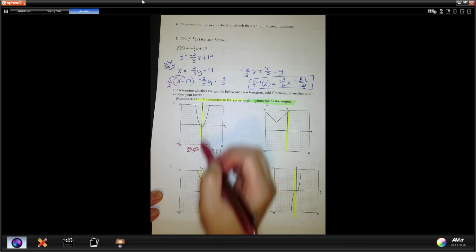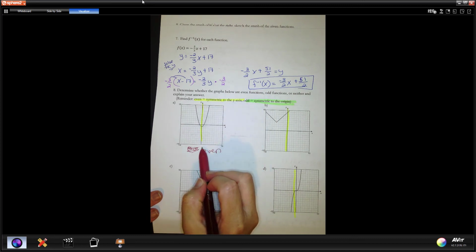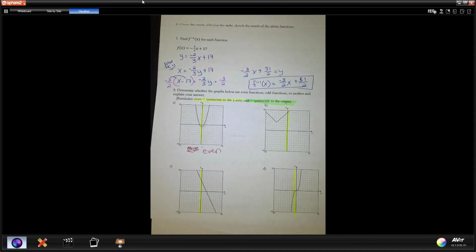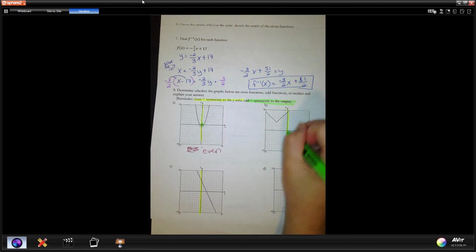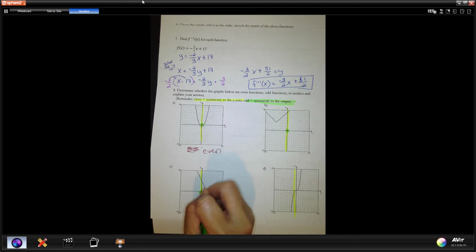Because if I folded it up straight along that bright yellow line, both halves happen to match up and we're good to go. Looking at all of these others, that's not the case. So now, symmetric to the origin means if I turned my paper upside down, so symmetric to my origin would be my little green dot, and if I turn my paper upside down, my graph has to look exactly the same.